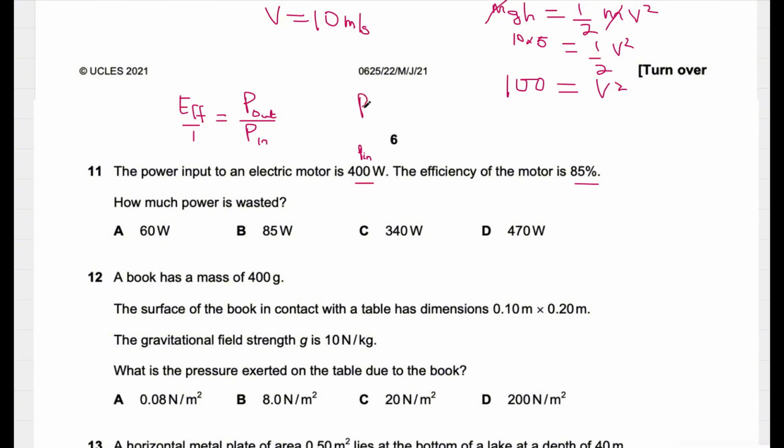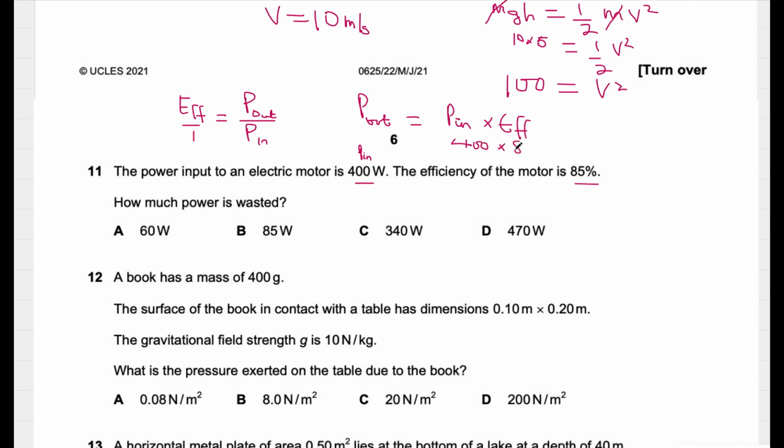So I'll say my P out is equal to my P in times efficiency. My P in is 400. Efficiency is 85.